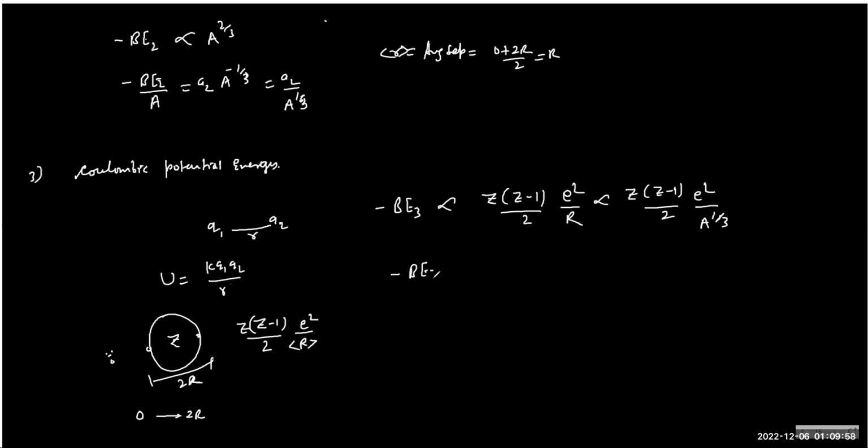So minus BE3 by A will be some constant into Z into Z minus 1 by 2, E square by A power 4 by 3. Am I correct? Yes. Therefore, since E square is a fundamental constant, I can take it as constant itself.